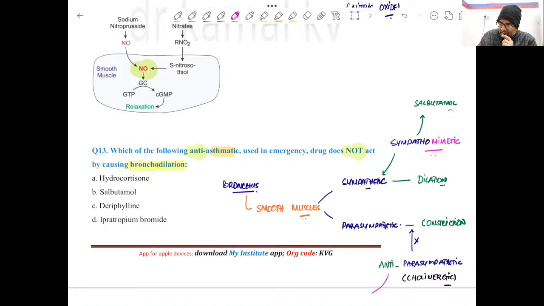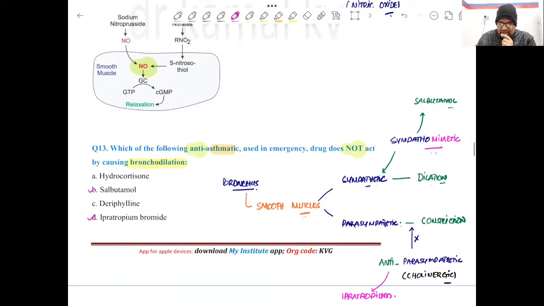Now what drug can we give in this group? We can give ipratropium. This is just to help you understand why salbutamol or ipratropium are used here. Salbutamol is sympathomimetic and the sympathetic system causes dilation, so there will be bronchodilation.